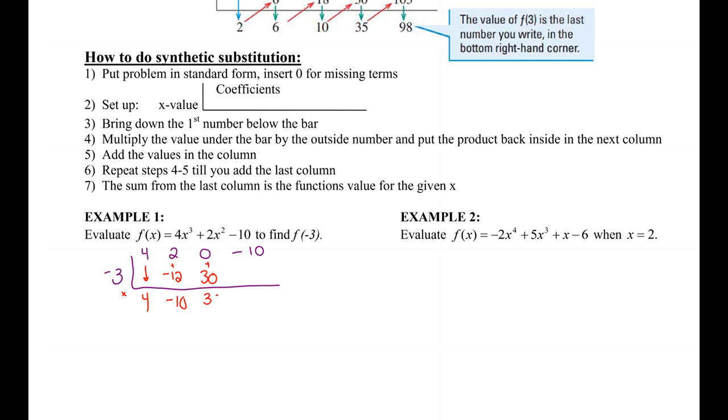I'm going to add the numbers in that column together to get 30. 30 times -3 gives me -90, which I'm going to add to the -10 to get -100. The last number that you write is what f of -3 is going to equal. So f of -3 equals -100.